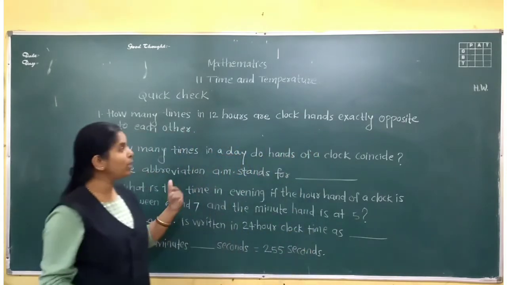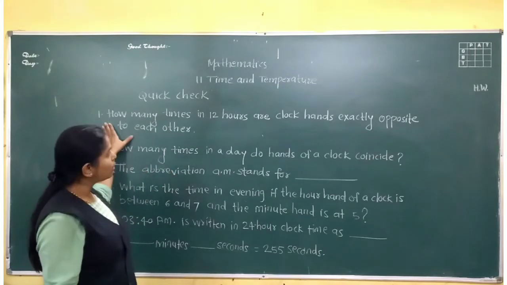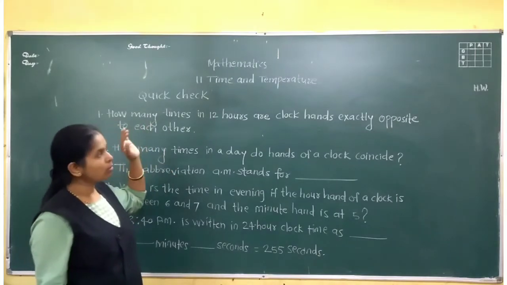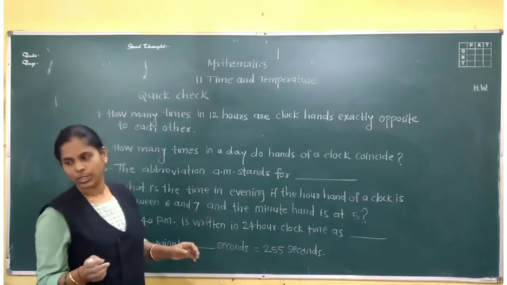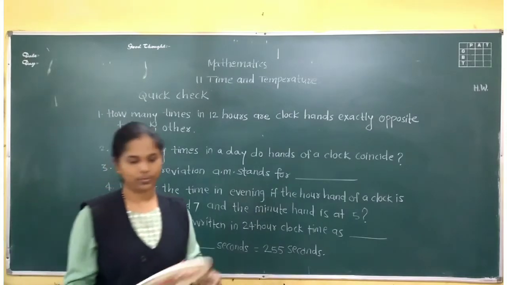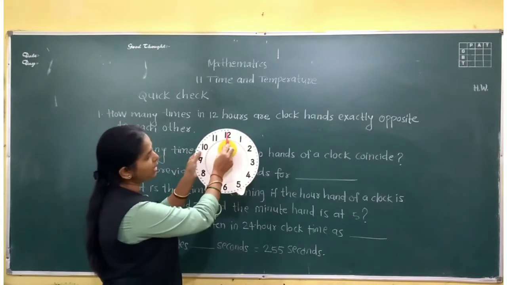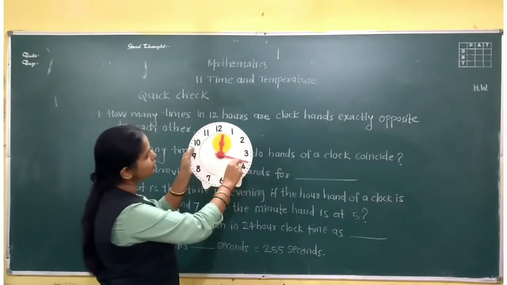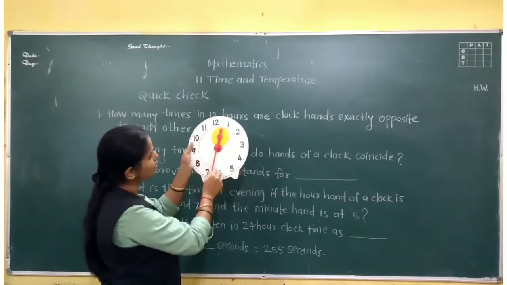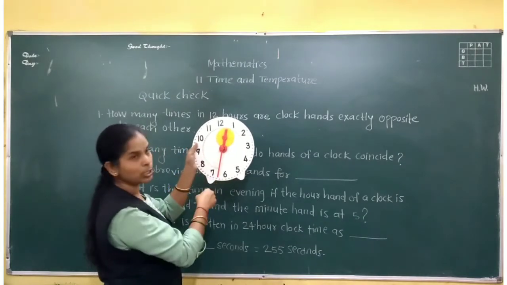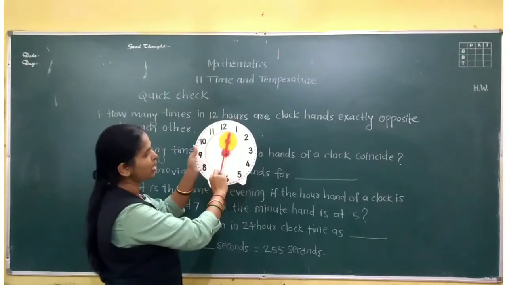I will show you. Now we will start from 12. Here they are coinciding. So now see, are they exactly opposite to each other? This is the first time.